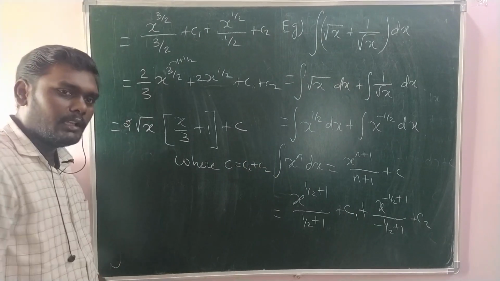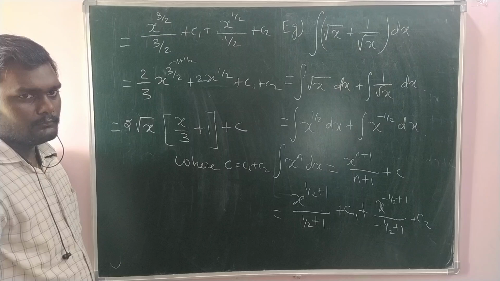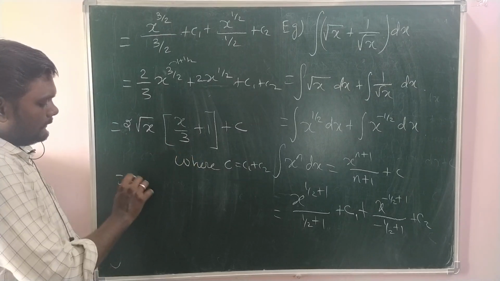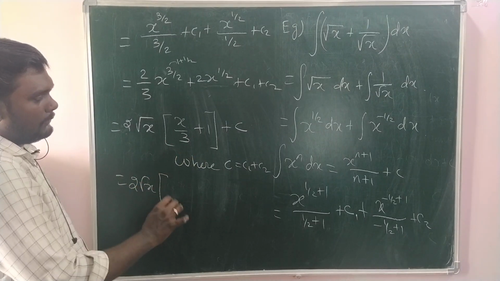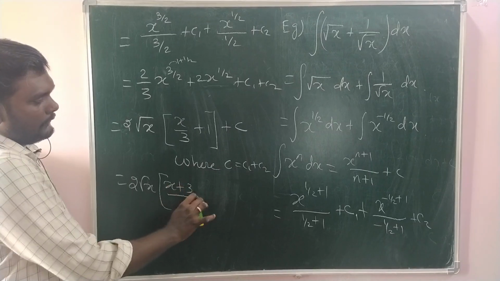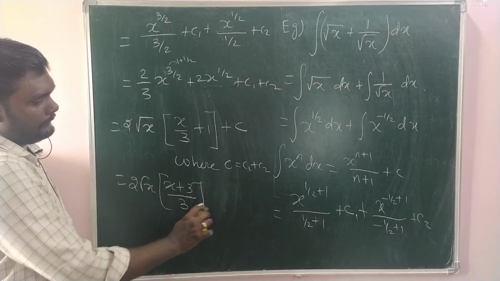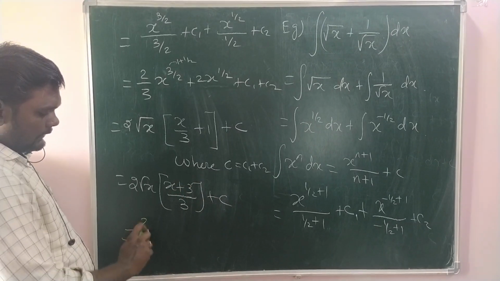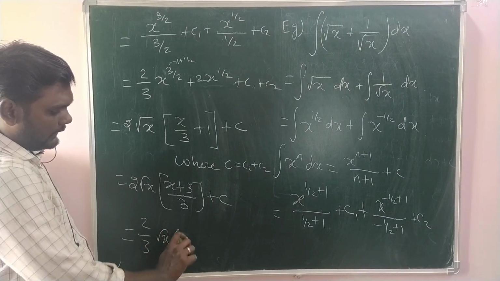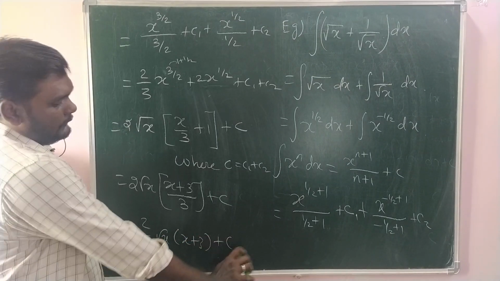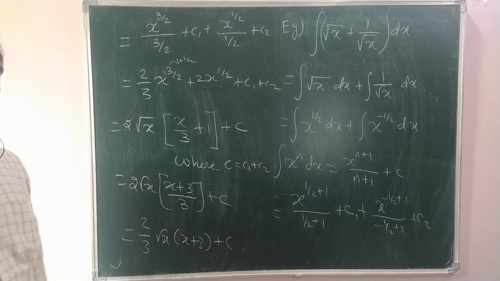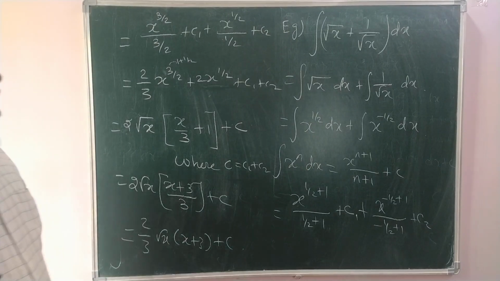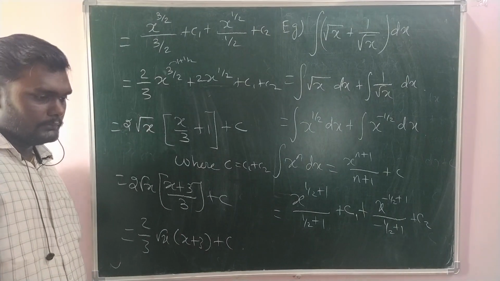Those two constants together I took as a single constant. Then this is 2 root x into (x plus 3) by 3, or else 2 by 3 root x into (x plus 3) plus c. Whichever format the option is in, we can write that format. That is how this integration works. Got it?